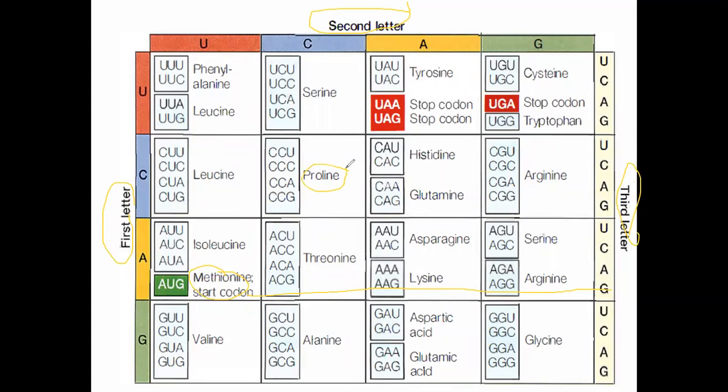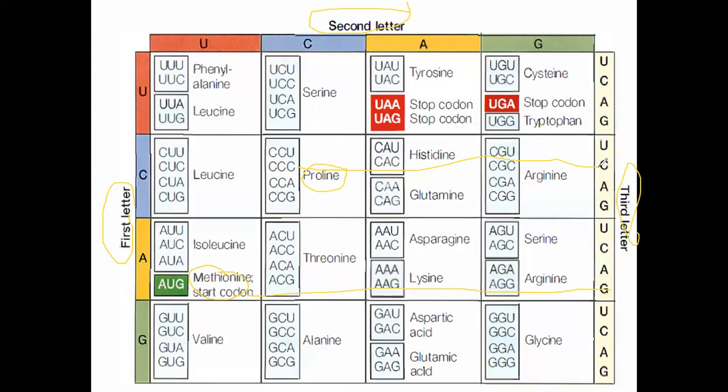The first letter for proline is C, and so that is why it's in this row here. The second letter is C as well. A lot of amino acids have more than one codon, to be specific. So let's look at this one here. The first letter is C, the second letter is C, and the third letter would be C.